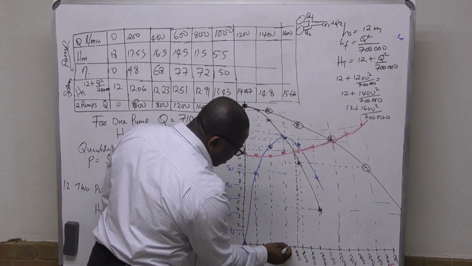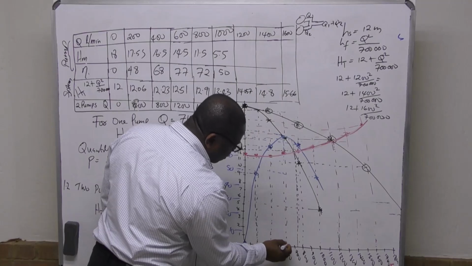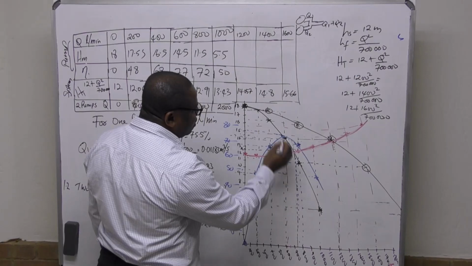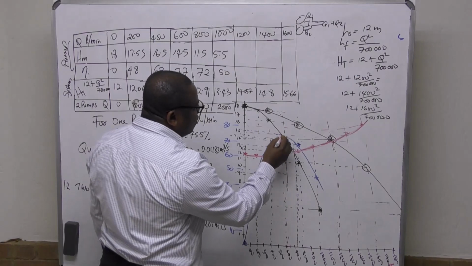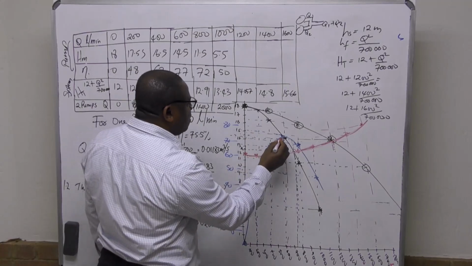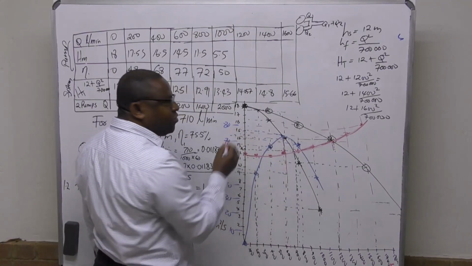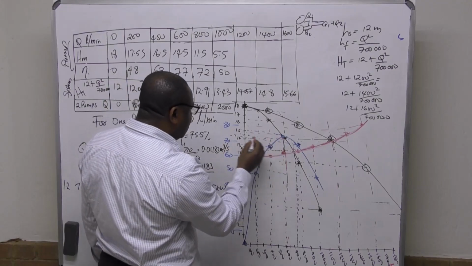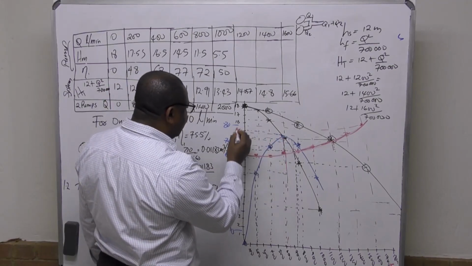615 is almost near there of 600, but you must trace it up. You trace it up to see where it cuts the efficiency. If you see, this efficiency is at 70 something, it's not up to 80. And it's almost more than half of this.